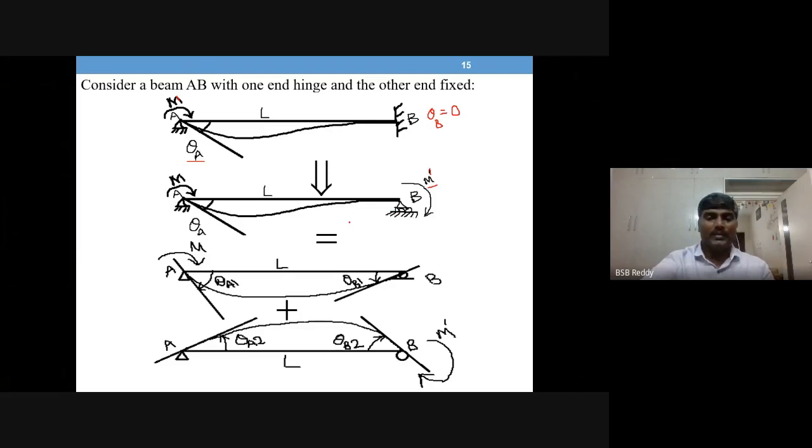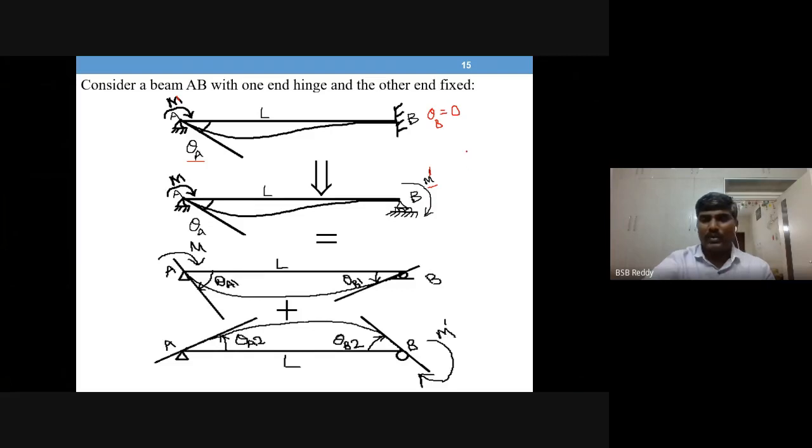Okay, right. So if you see this free body diagram, it is not a full free body diagram, it is only partial. I am not removing the supports. I'm not removing A, A is hinge, and I'm just removing the fixity, where I want only the moment to be shown.